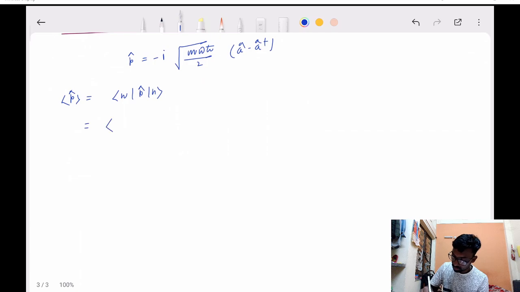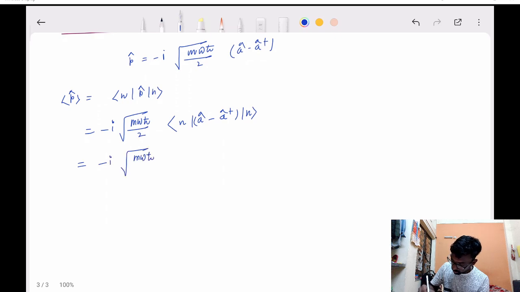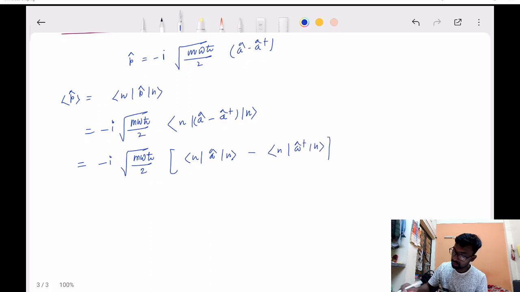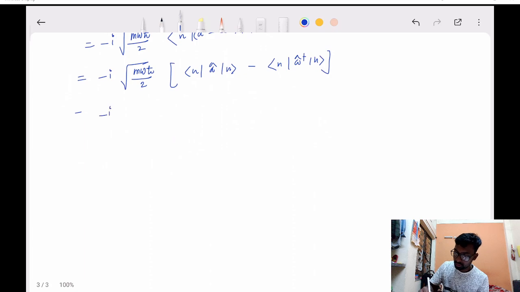So this is equal to minus i root m omega h cut upon 2 times <n| (a cap minus a cap dagger) |n>.